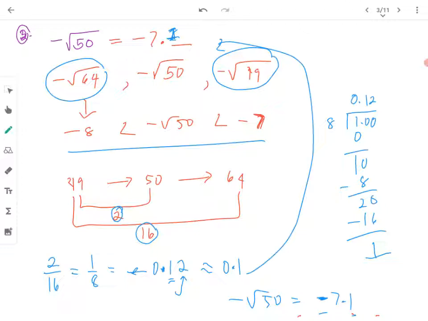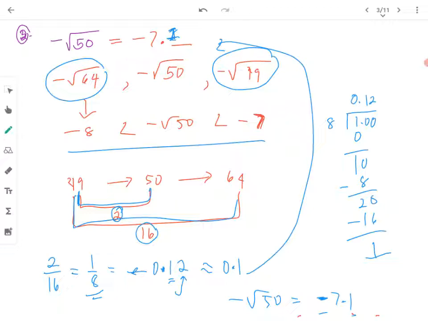So that is why we need to count and express it as a fraction. From 49 to 50, that is 2, including 49. And from 49 to 64, that is 16. Expressing 2 as a fraction of 16, we have 2/16. We simplify it, it becomes 1/8.